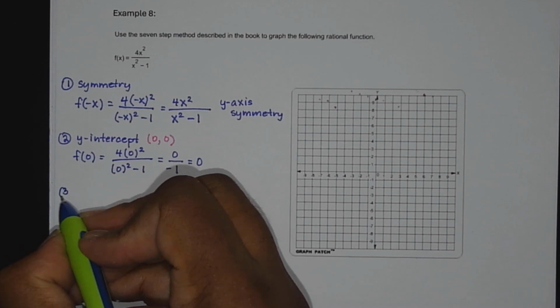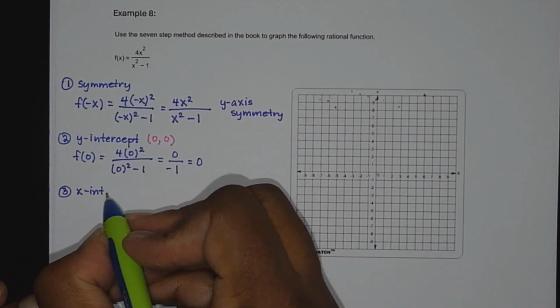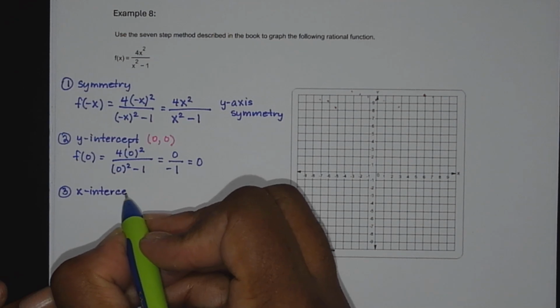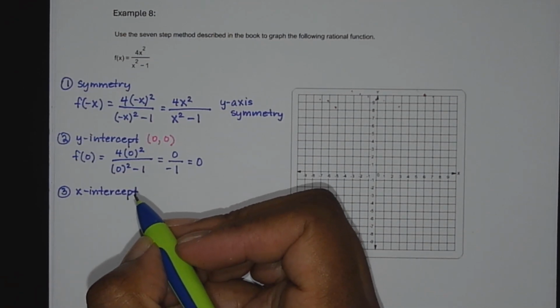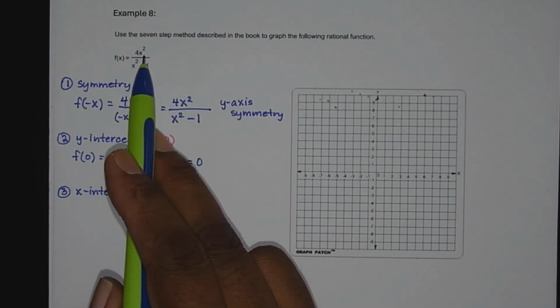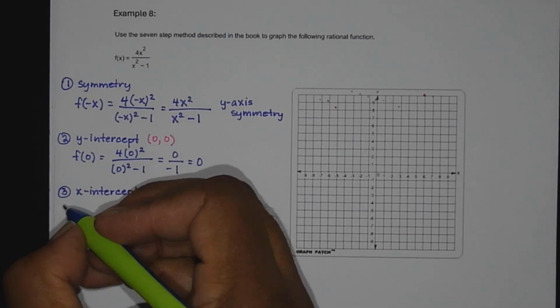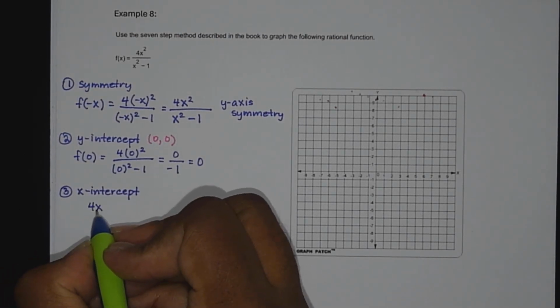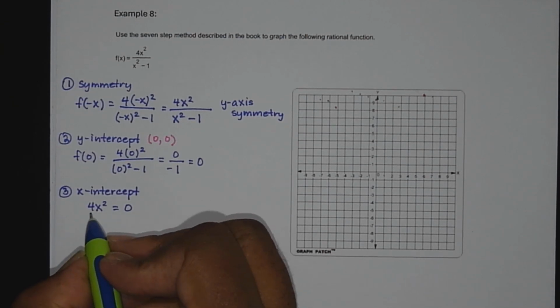And then step number 3 is finding the x-intercept. When you find the x-intercept, you take the numerator of your f of x function and set that equal to 0. So I'm going to set 4x squared, which is my numerator, equal to 0, and then solve for x.